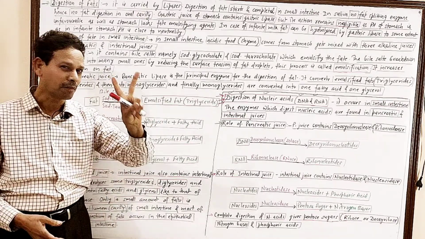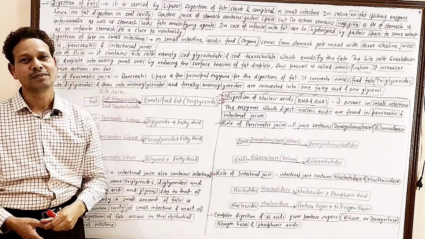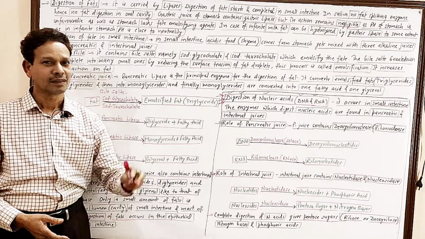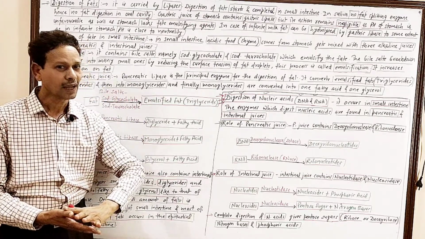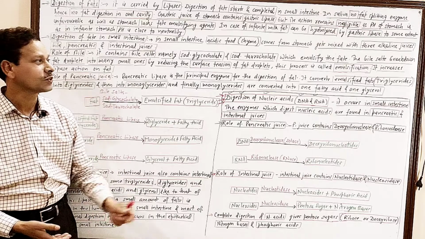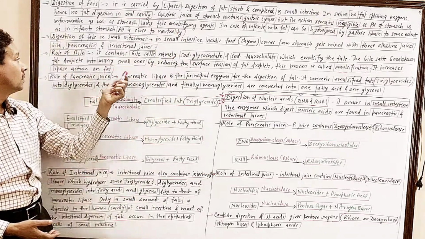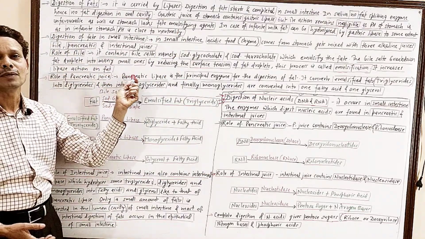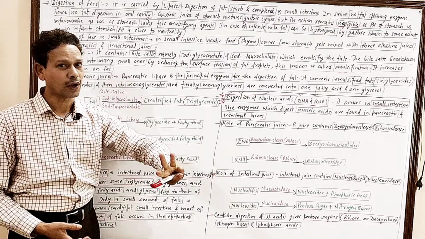And two other important bile salts, sodium taurocholate and sodium glycocholate. Dear students, in our bile juice, we said there are three important salts.